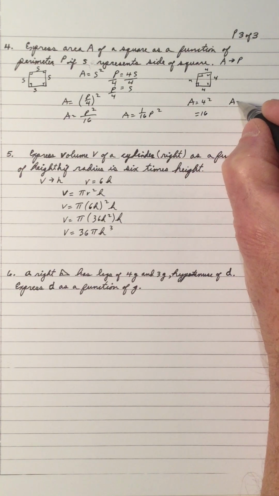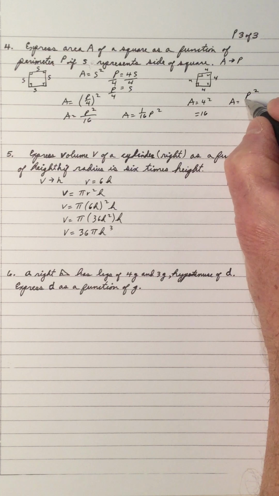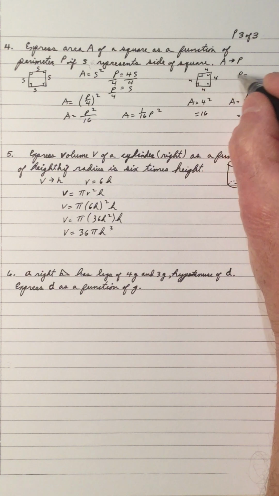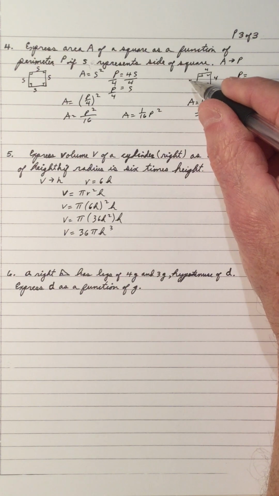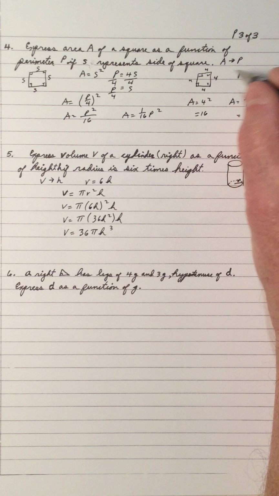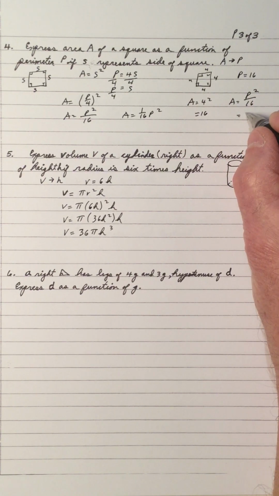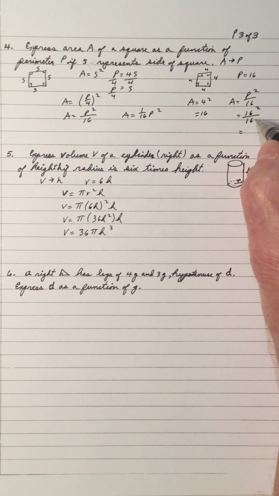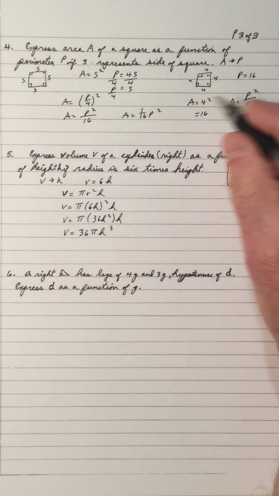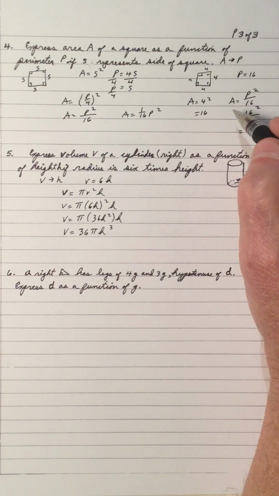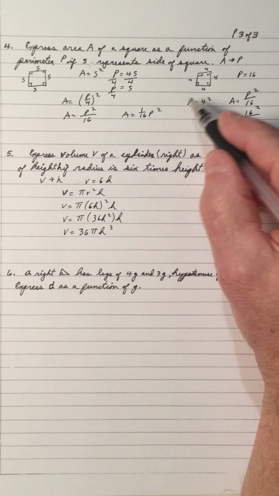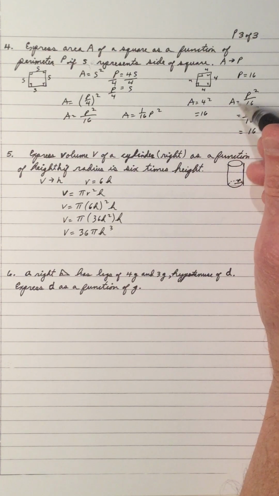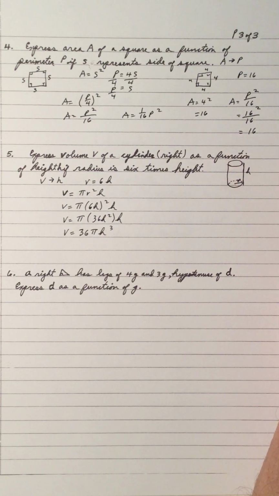But the area of a square also is the perimeter squared over 16. The perimeter of this square is 4 plus 4 plus 4 plus 4, so the perimeter is 16. If you take the perimeter, which is 16, and square it over 16, that's 16. So you get the same answer. It's just another way of defining it in relation to a different variable, a different variation of what it is a function of.